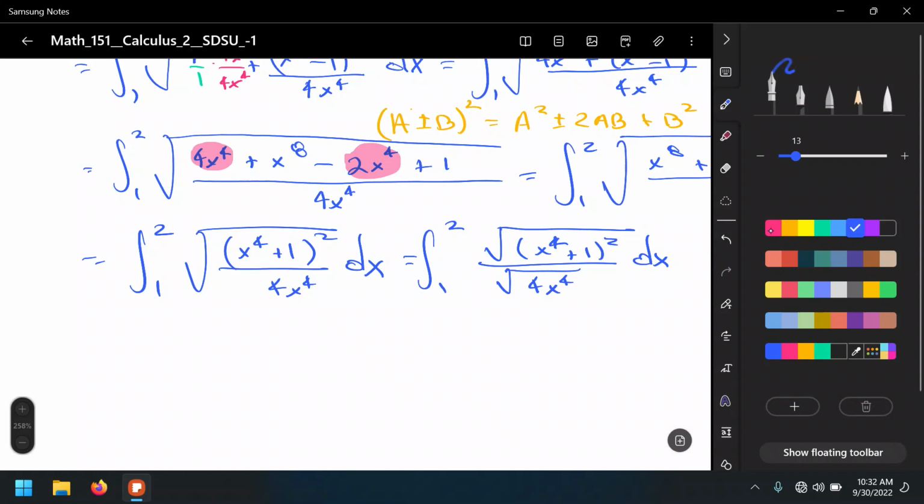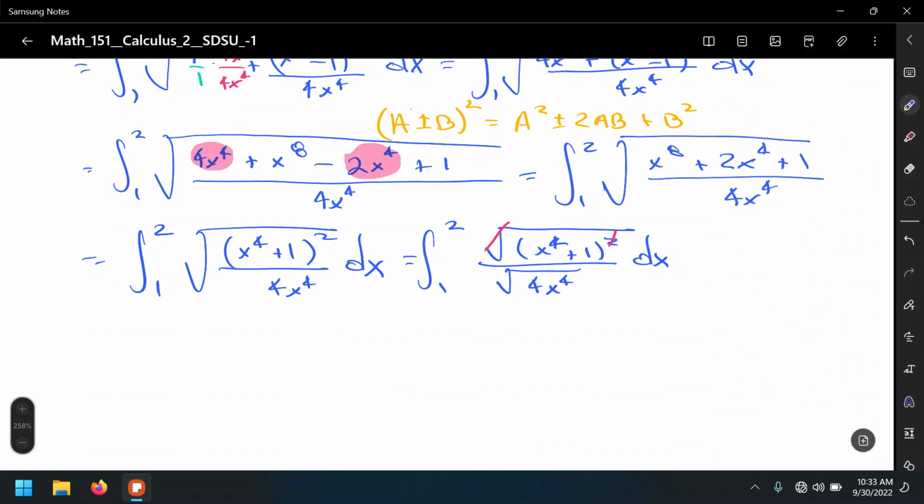Well, on the one hand, we can cancel the radical with the square, and over here we will divide 4 over 2 to have an x squared, and the square root of 4, which is 2. So this is the integral from 1 to 2, (x to the 4th plus 1) over 2x squared dx.